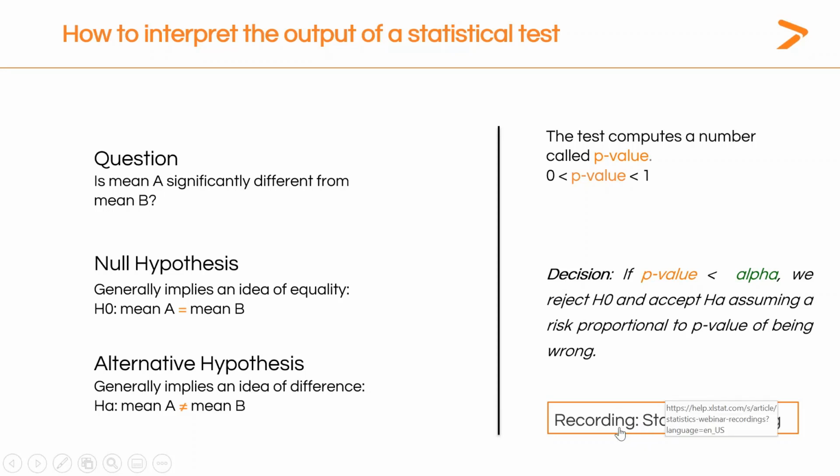You have a recording on statistical testing through this link. So globally, if your p-value is very low, usually you say that you have a significant effect. And in this example, this would mean that the mean A is significantly different from mean B. So you are accepting the alternative hypothesis.